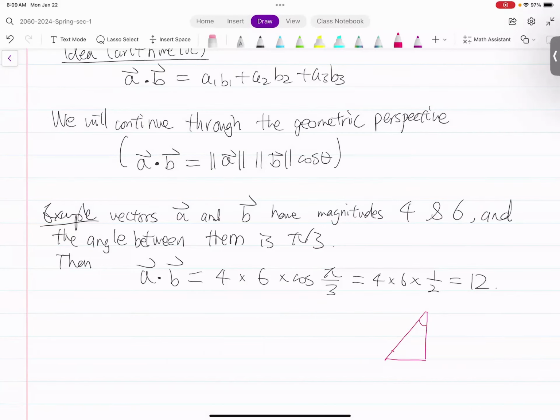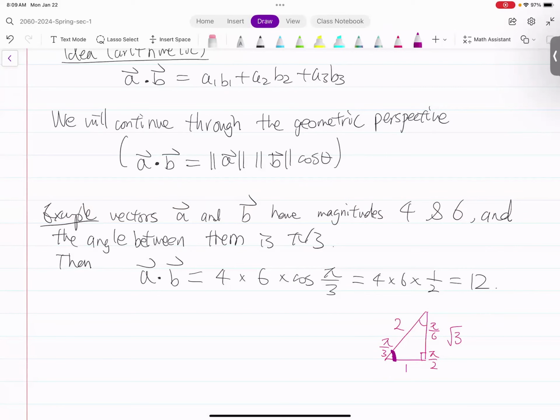Suppose I'm having pi over 3, pi over 6, and pi over 2 right here, then if you recall the shape, it's like 1 at the adjacent edge and 2 on the hypotenuse and square root of 3 on the opposite edge of this angle right here at pi over 3.